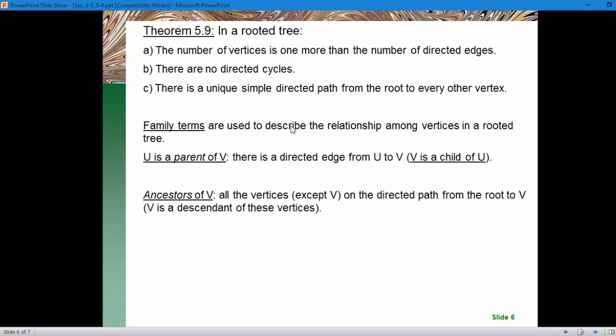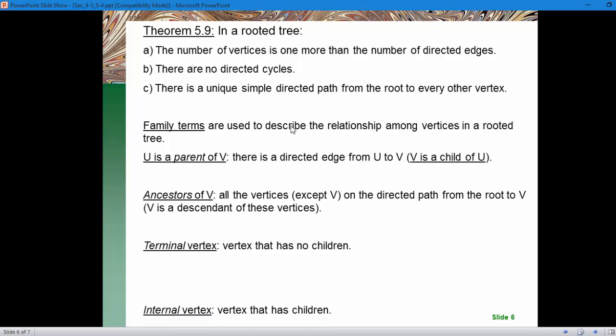Ancestors of V are all the vertices except V itself on the directed path from the root all the way down to vertex V. And V is called a descendant of these vertices. A terminal vertex is a vertex that has no children. An internal vertex is a vertex that has children.